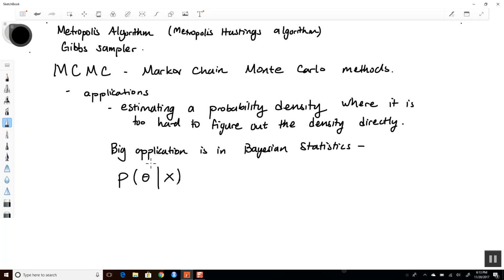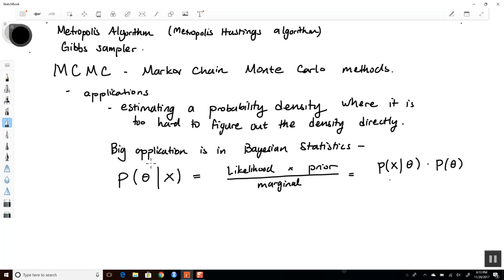Okay, and in Bayesian statistics, this is basically the likelihood times the prior divided by the marginal, which would be the probability of getting our data given the parameters theta multiplied by the prior distribution of theta, divided by the marginal distribution of x, okay?